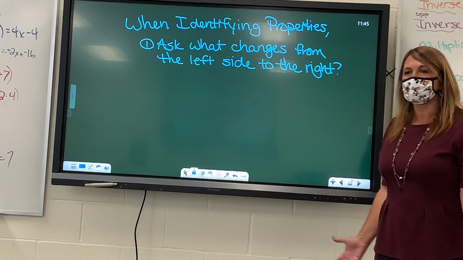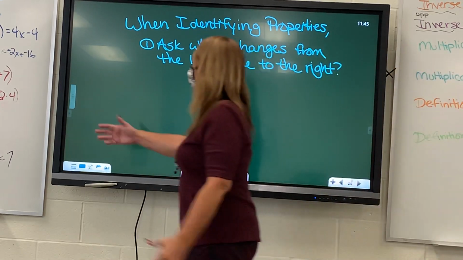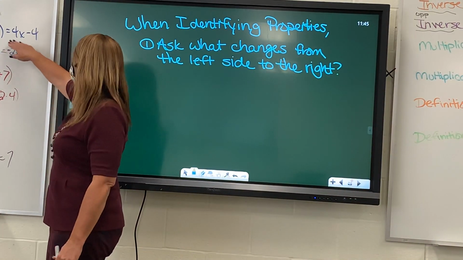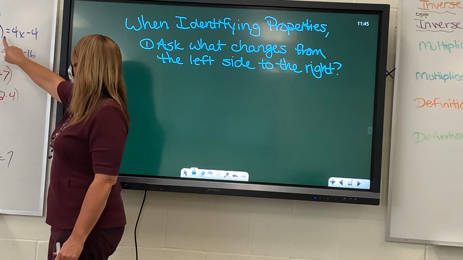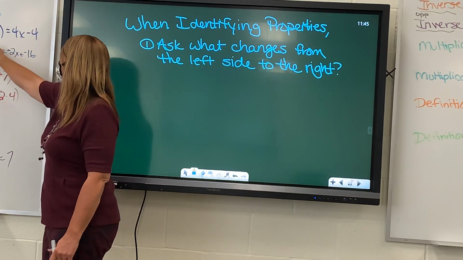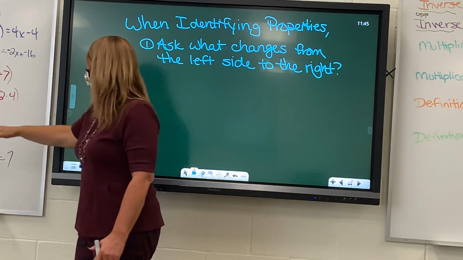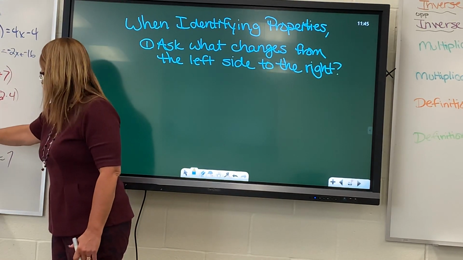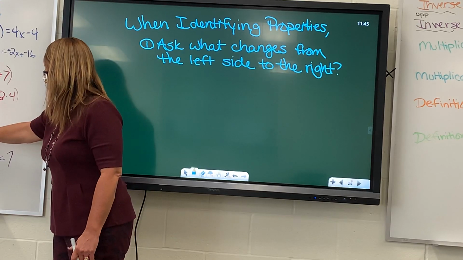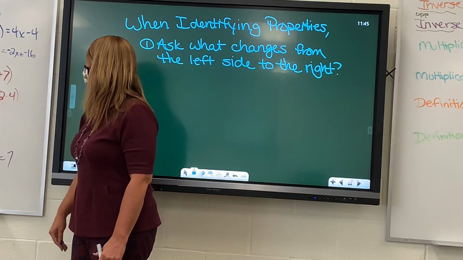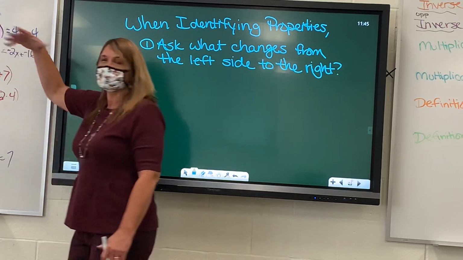Property is being used. I want to look over here, like if this is the problem they're giving me, what changed from the left side to the right? Well, the 4 multiplied by the x and the 4 multiplied by the 1. Oh, okay, that helps me. What happened here? Well, the 6 plus 0, the 0 disappeared and it stayed a 6. What happened here? 3 plus 5 became 5 plus 3.